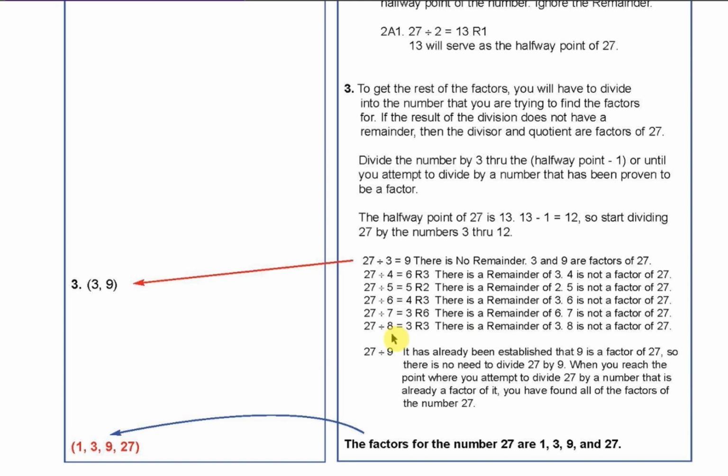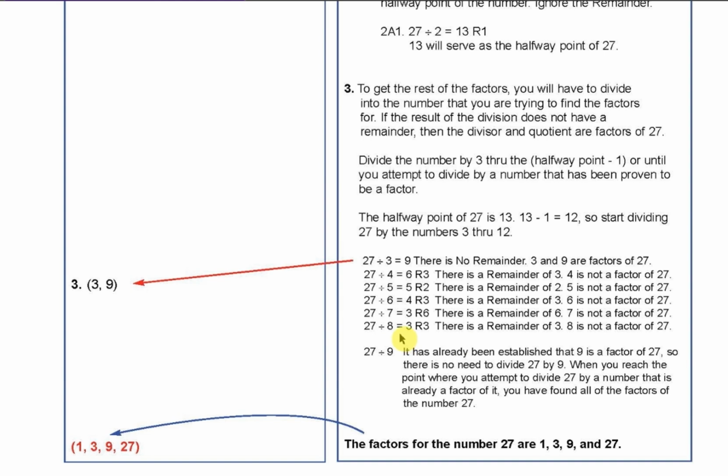Next, we will divide by 8. 27 divided by 8 equals 3 with a remainder of 3. There is a remainder of 3. Therefore, 8 is not a factor of 27 because there is a remainder.